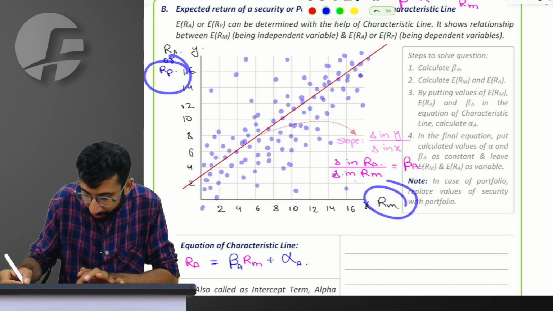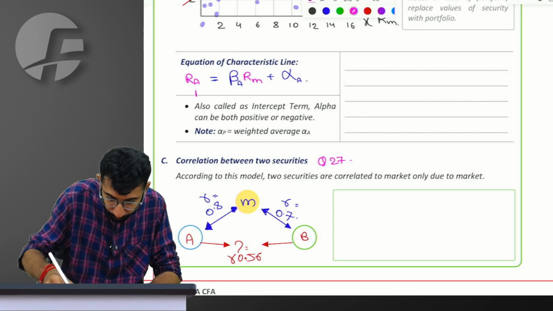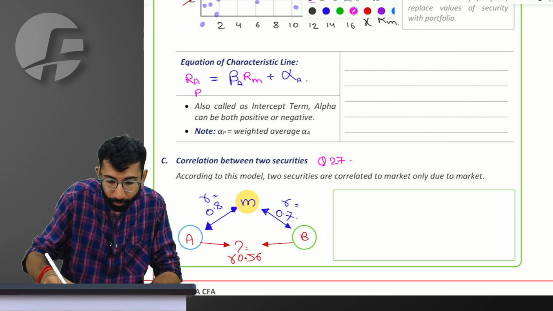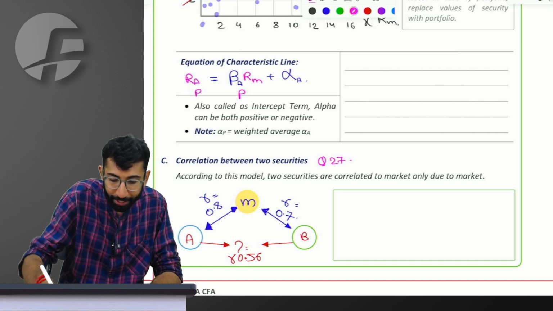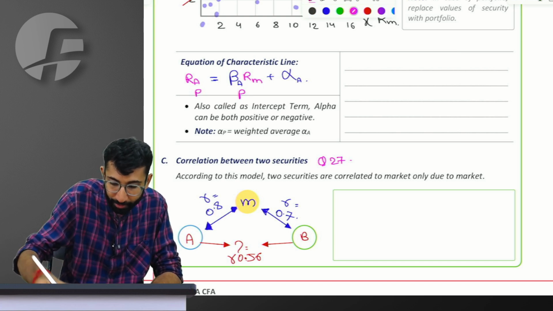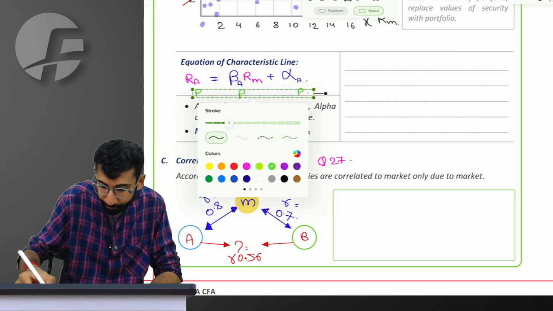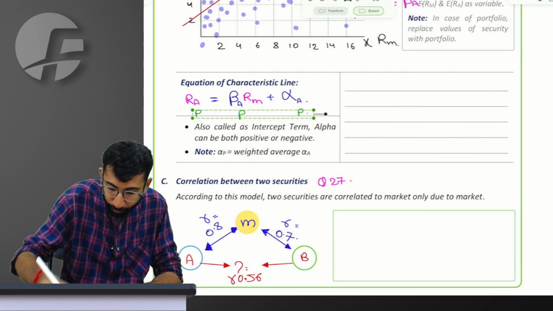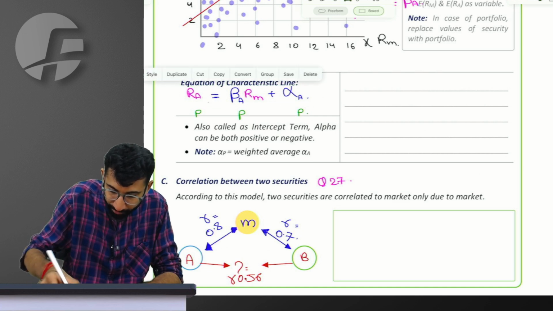In which case, you will say return on a portfolio will be equal to beta of the portfolio multiplied by return of market plus alpha of the portfolio. Are you understanding the point I'm trying to make? If it would be a portfolio, you will show your presentation accordingly. That's all.